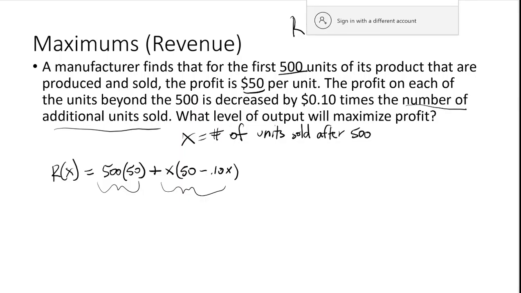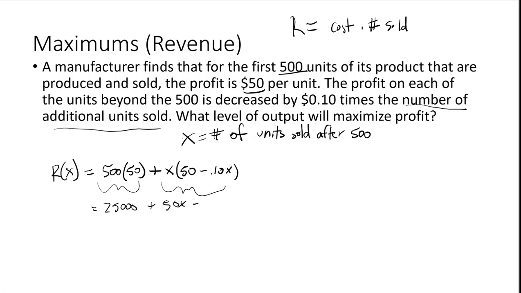So going back to what we were looking at, we already know just from looking at the graph that it'd be 250, but we can still do this. So this is going to be 25,000 plus 50x minus 0.1x squared, and we're just going to do the negative b over 2a here. So actually, let's rearrange it first. Negative 0.1x squared plus 50x plus 25,000.